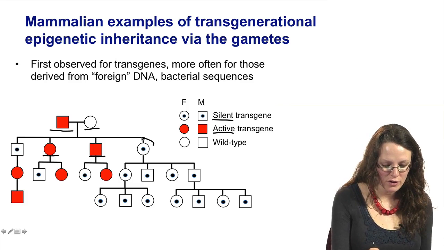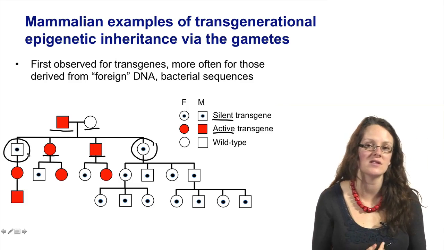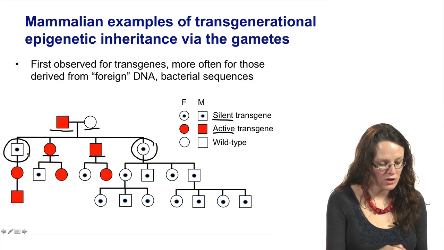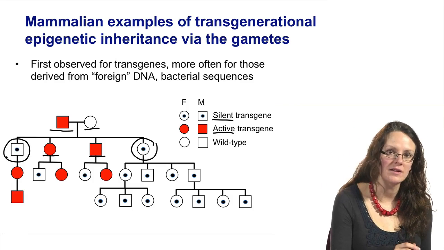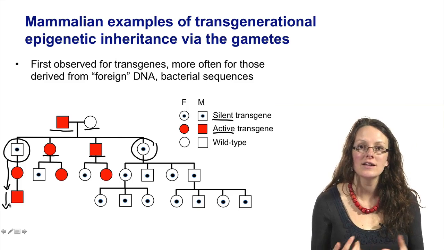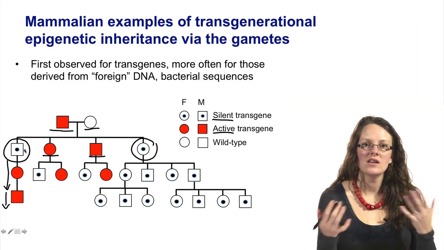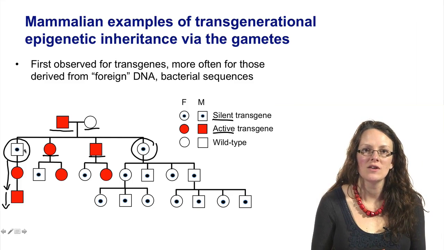If you then follow the inheritance of the expression state from these parents that have the silent transgene, we know that if you follow the father that had the silent transgene, he can still produce offspring through the next generation, and then the generation after that can have an active transgene. So while it's been silenced in this animal, it can be reactivated again when it goes through the germline.